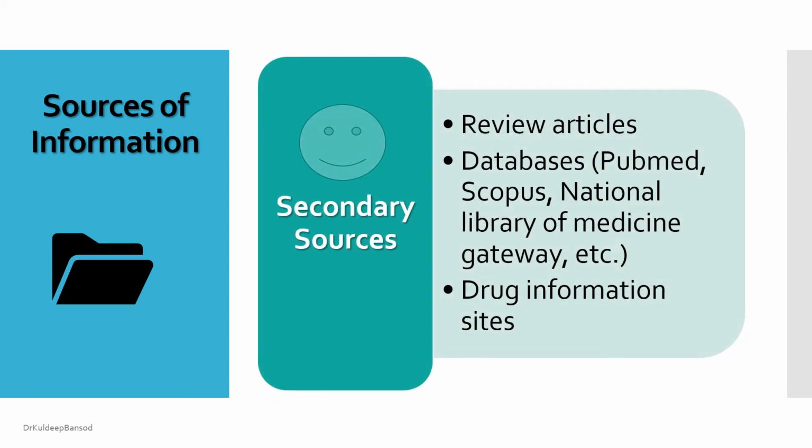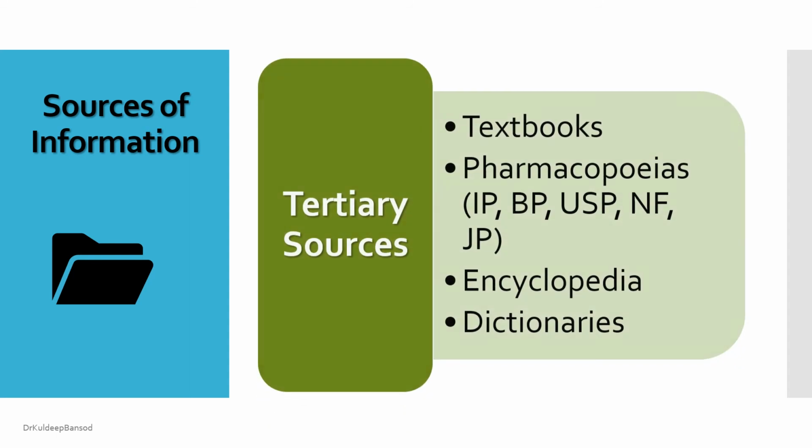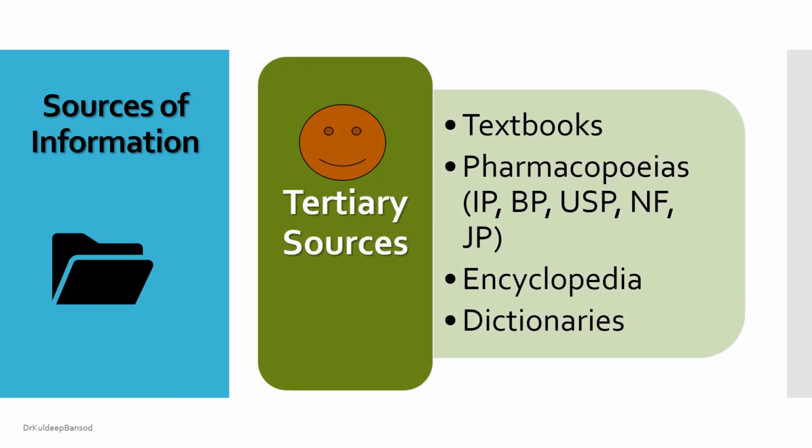The secondary sources of drug information are review articles published in renowned journals, databases like PubMed, Scopus, National Library of Medicine Gateway, etc., and the drug information sites of various countries. The tertiary sources of information are nothing but textbooks, various pharmacopoeias, encyclopedias, and dictionaries.